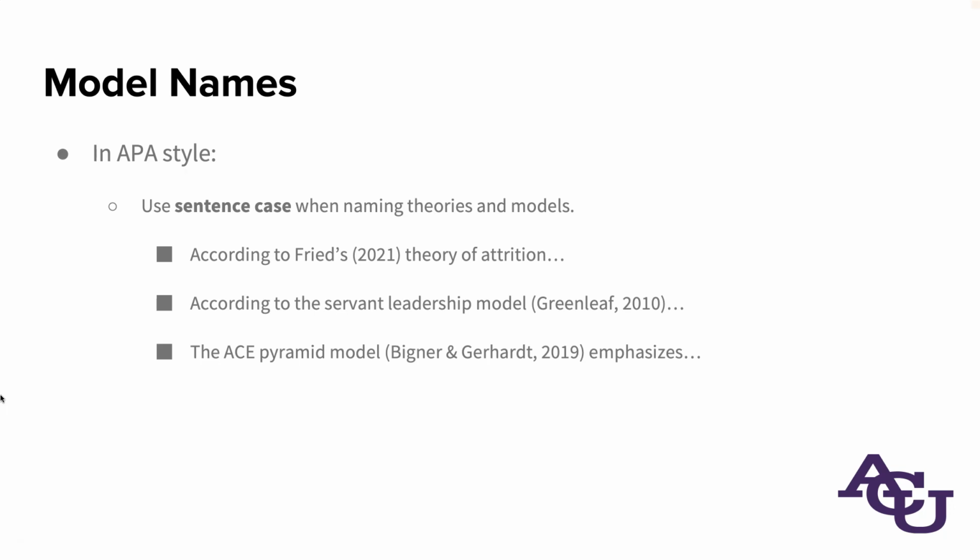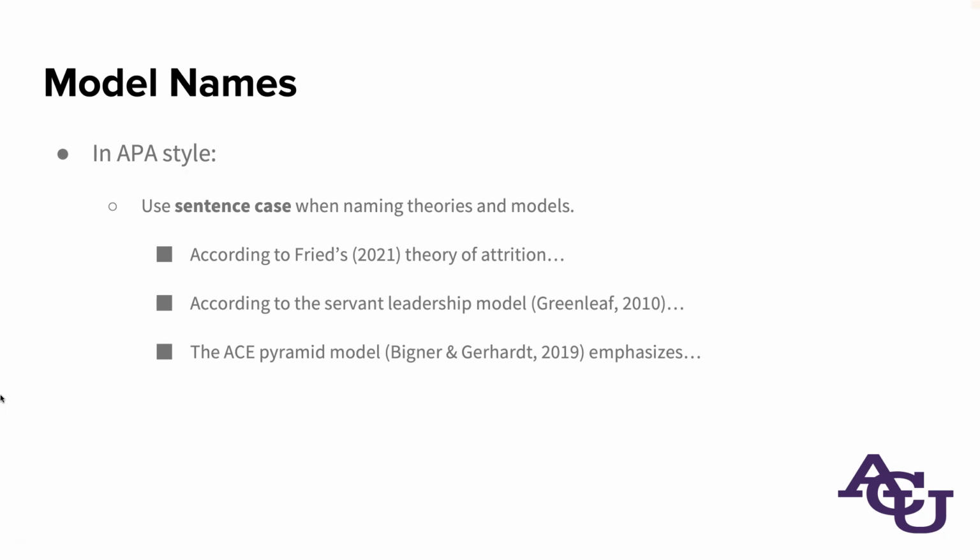Now, this also means that there are cases where you might have secondary literature that you are citing that is written by someone other than the original author of the model, in which case you might have something like, according to Greenleaf's servant leadership model, parentheses, Smith, 2020. That's fine.